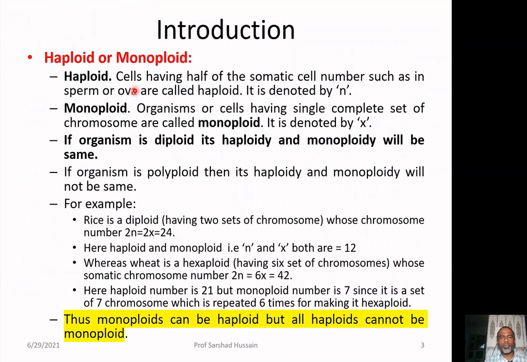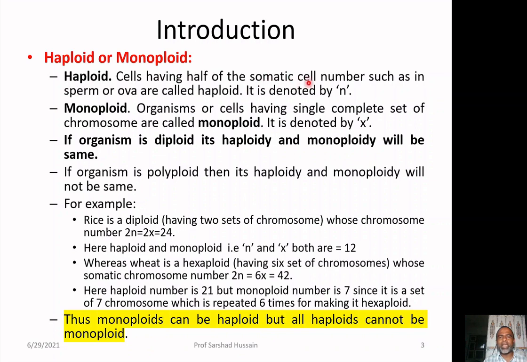There are two major terms, one is haploid and other is monoploid. Let us see the difference between them. Haploid is a condition which is having half of the somatic cell number.